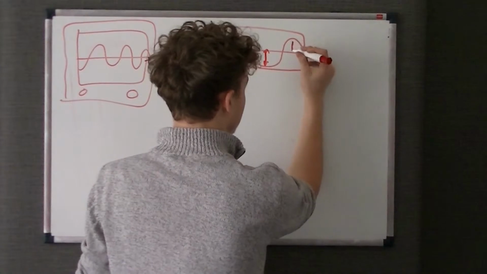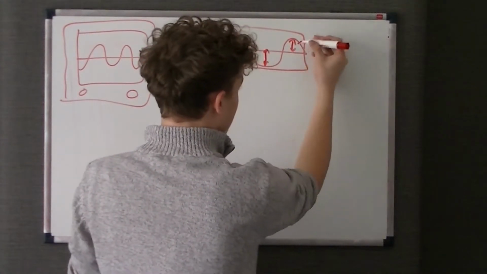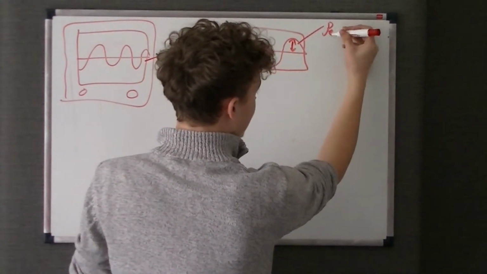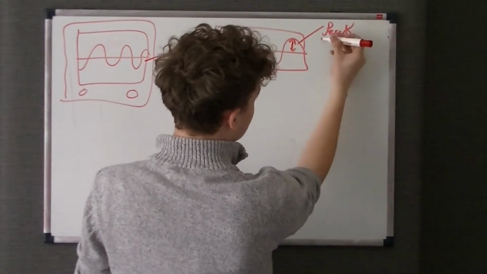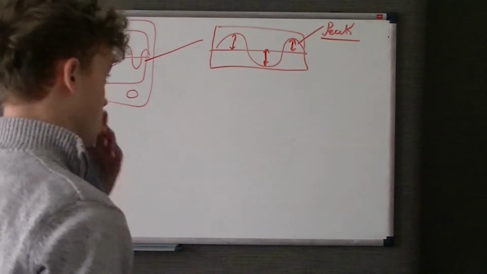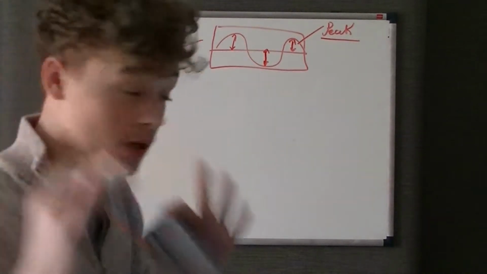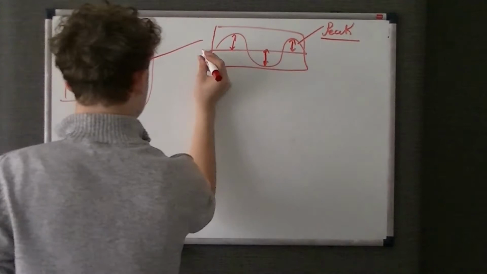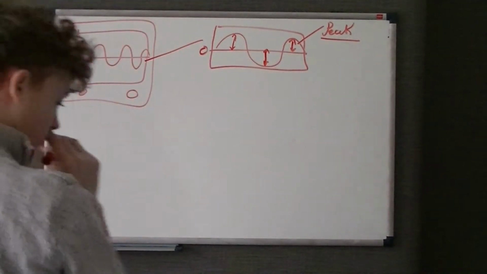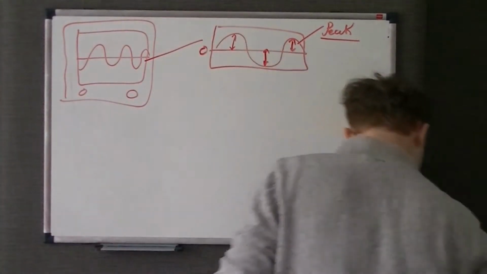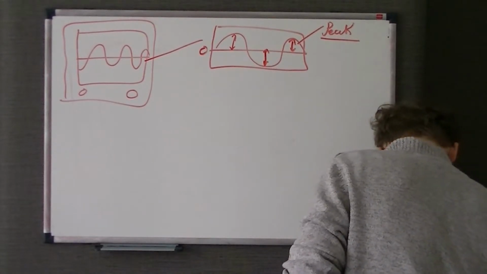In terms of the AC current, it's called the peak, the top bit, and the bottom bit, at an equal distance away from 0.